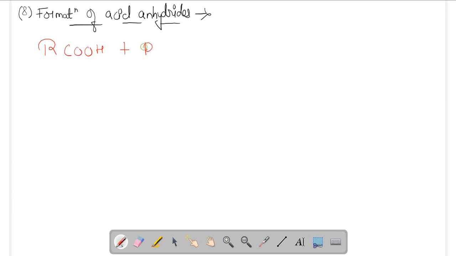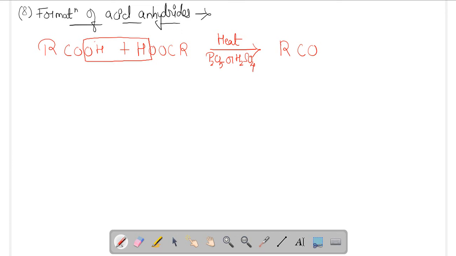So here two molecules of carboxylic acid, when heated in the presence of phosphorus pentoxide or H2SO4, lose water. I will write this compound in the form HOOCR, and with the removal of water, RCOOCR, that is the anhydride, will form. Alkyl anhydride will form here with the water.